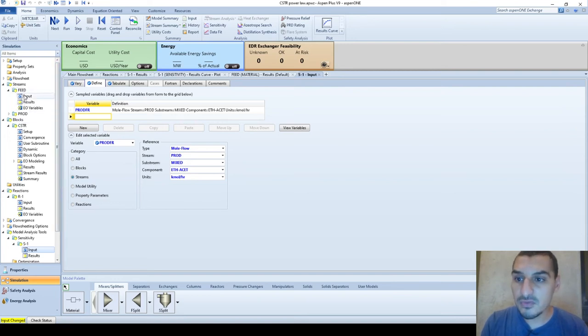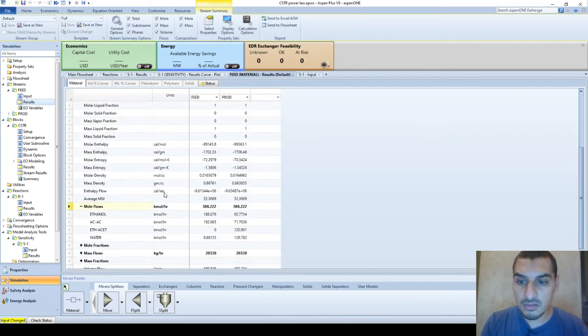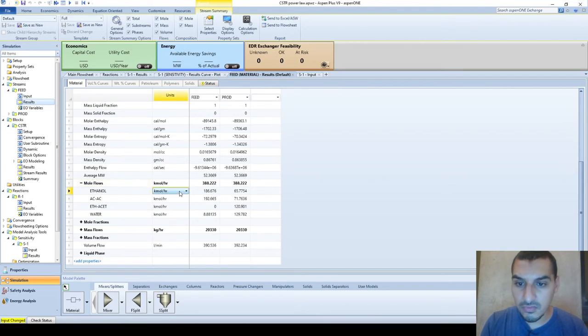If we go back to the feed stream, we will find the mole flows, where, if we use kilomole per hour, ethanol is less than acetic acid, and both have the same stoichiometric coefficients of 1.